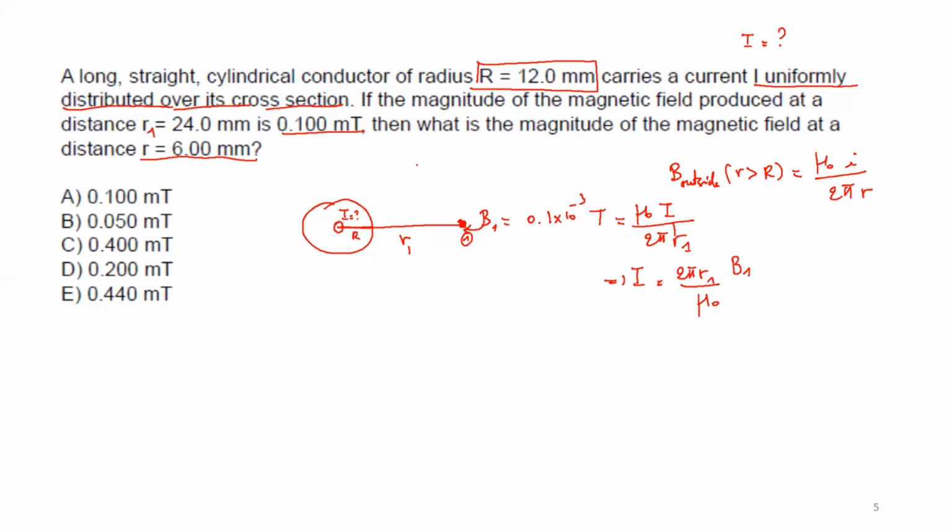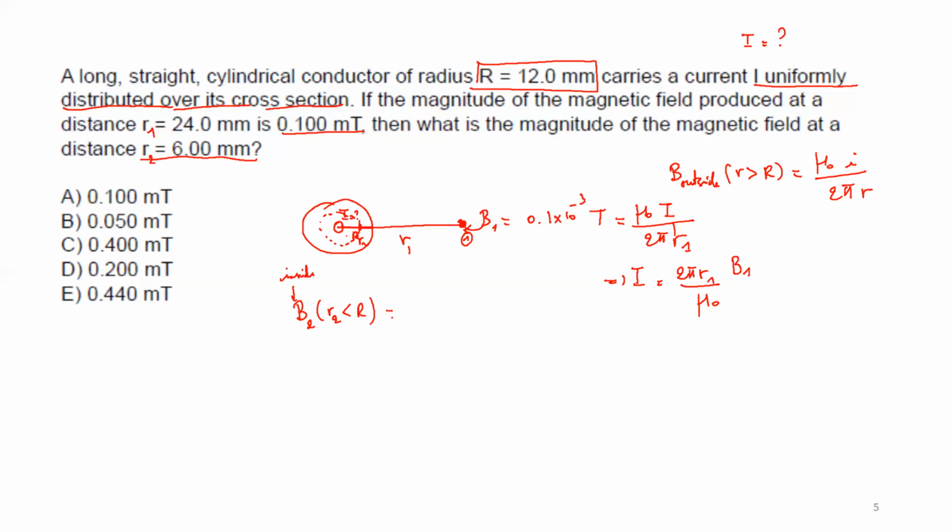Great. Now, second, I'm asking you what is the magnitude of the magnetic field at a distance inside. Let me call it R2, which is equal to 6 millimeters. So the question is, what is B2, when R2 is smaller than capital R? What is the magnetic field inside my cylindrical wire?